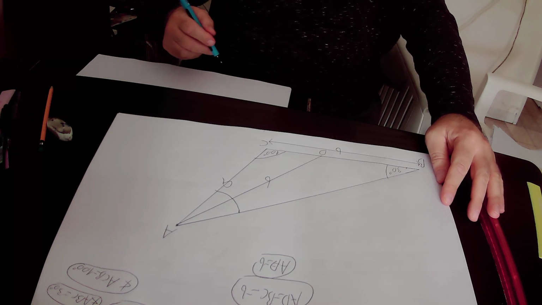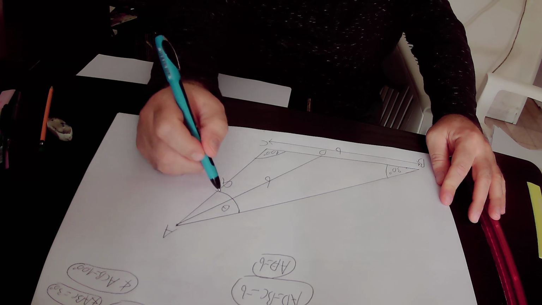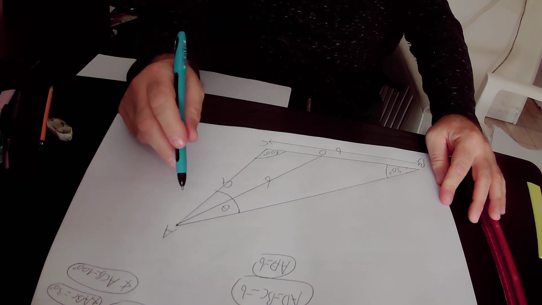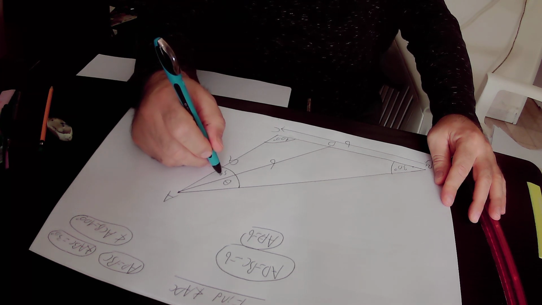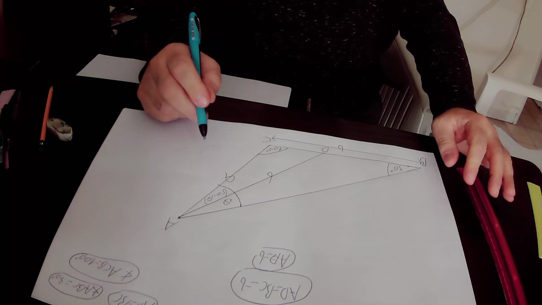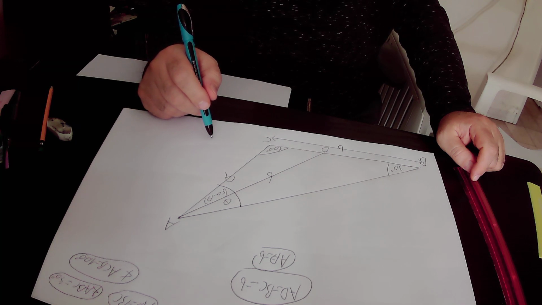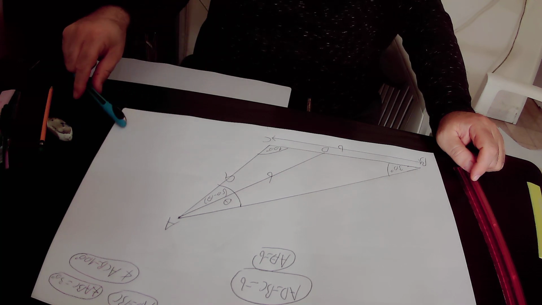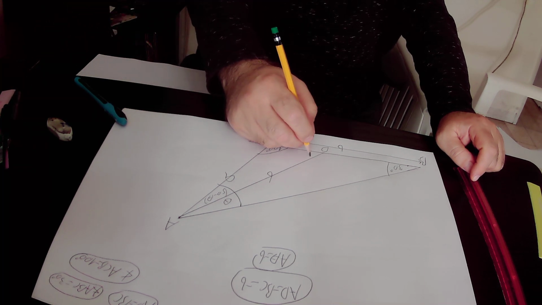So if angle BAD equals theta, then angle DAC must be equal to 50 degrees minus theta, because the sum of those two angles equals 50 degrees. Okay, and we will define angle ADC, the angle that we are looking for, as angle Y.